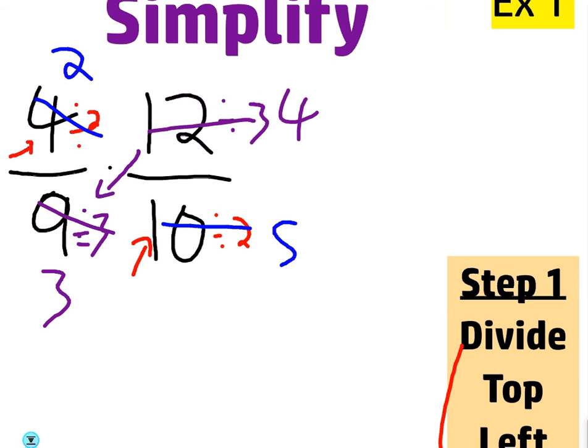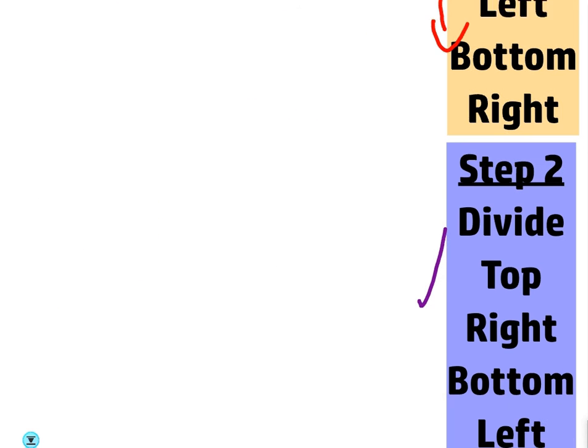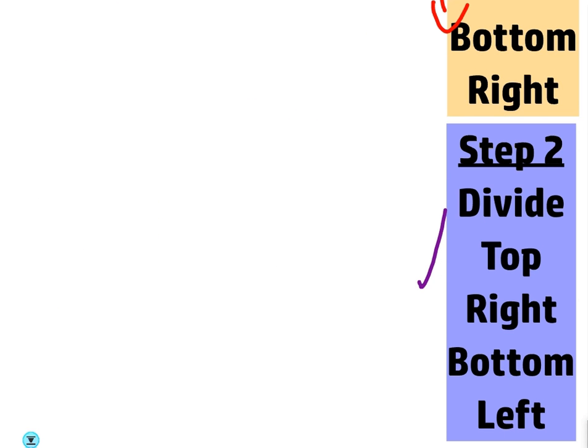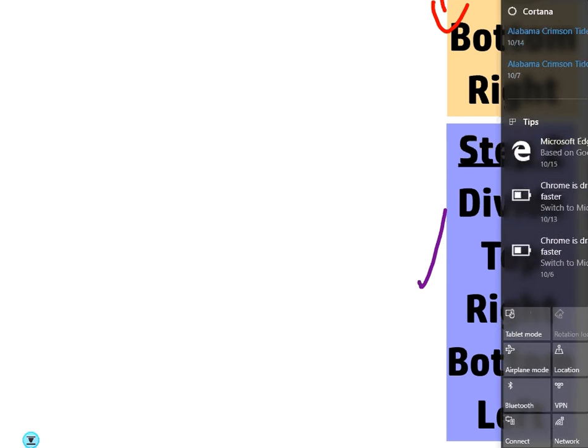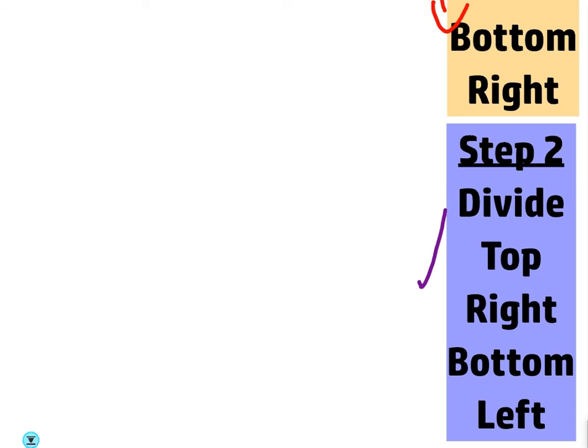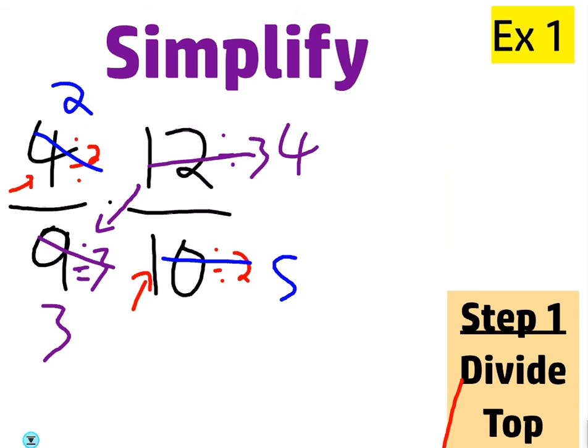What's step 2? Step 2 is to divide the top right by the bottom left. Okay, so in this particular example, you might want to prefer to multiply straight across because it gets a little confusing. That's why I'm teaching you guys both ways.